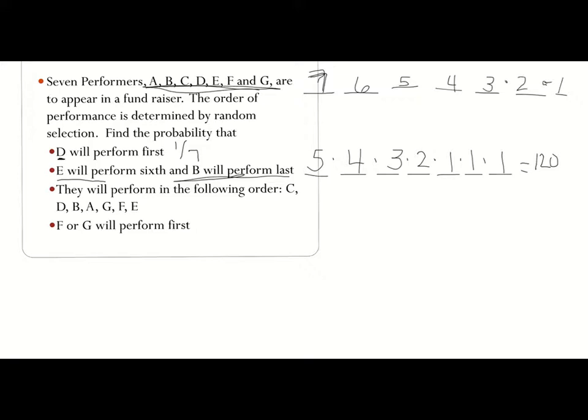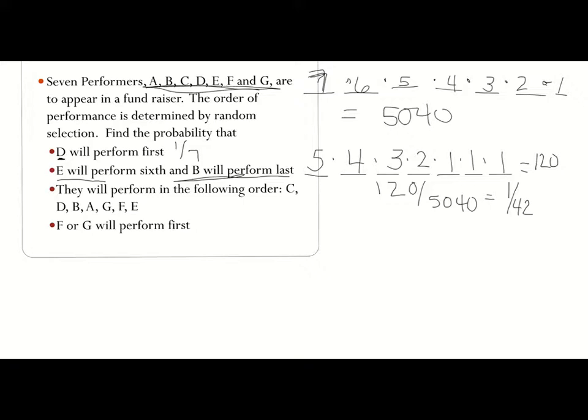We're multiplying all that, and we end up with 5,040. So the probability that E will perform 6th and B last will be 120 out of 5,040. If we simplify that, we get 1 over 42.